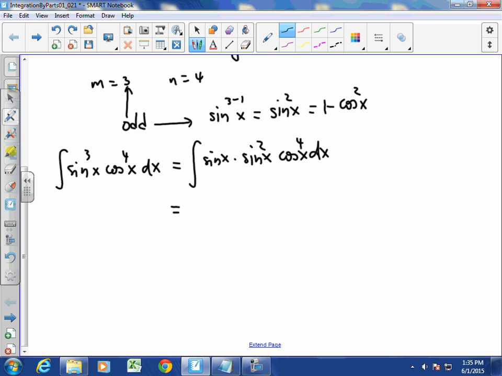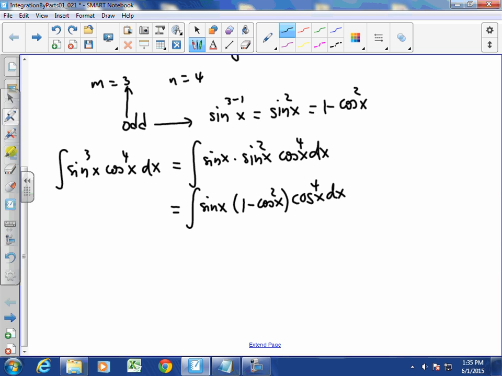In this case, equal to, we keep sine x. We replace sine square x with 1 minus cosine square x. Then we have cosine to the fourth x dx.